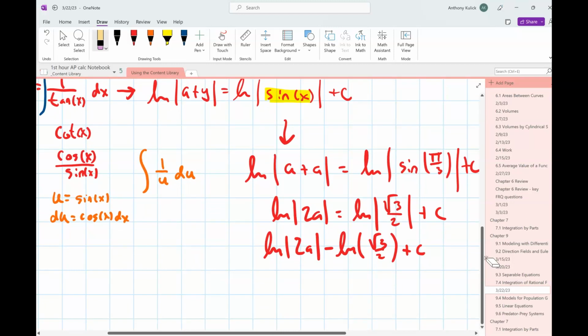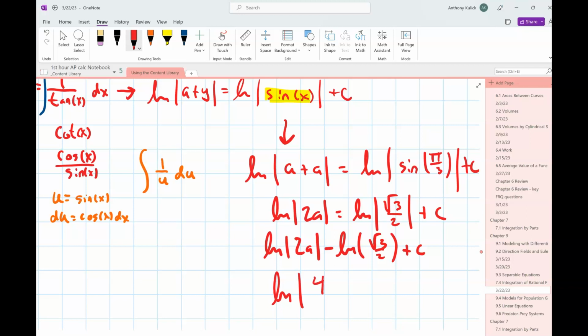And I dropped the absolute value there because root 3 over 2 is positive, so they don't really need it there. It's fine to leave it. And then probably they would do the quotient rule for logarithms, the quotient property, I should say, for logarithms. So that's going to be 2a times 2 over root 3.